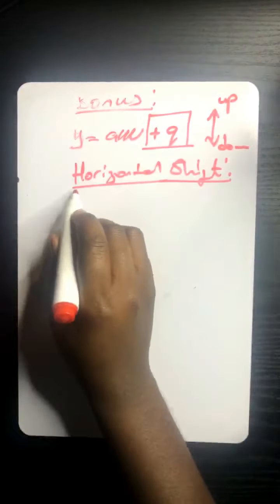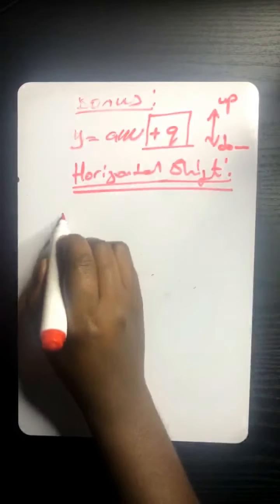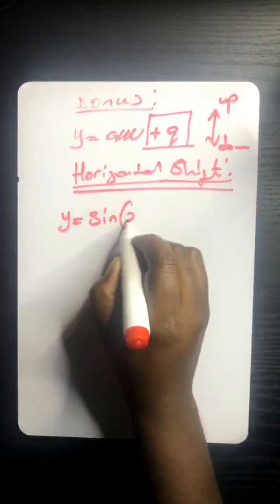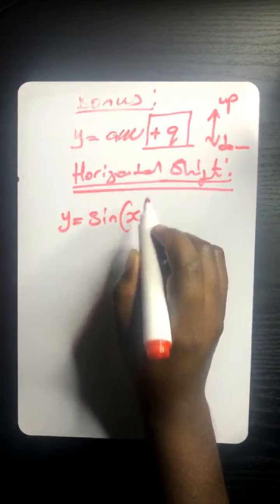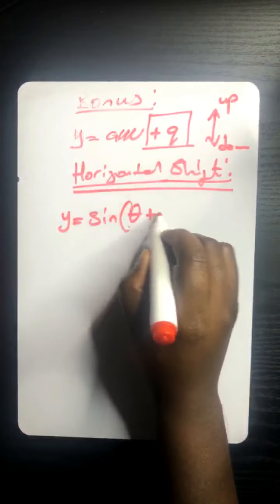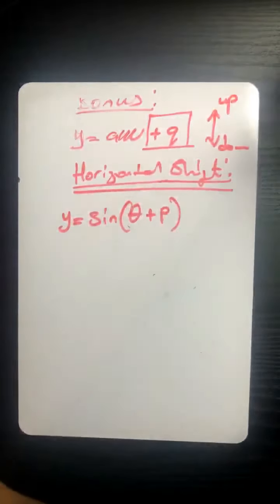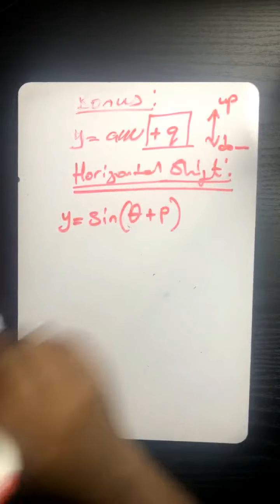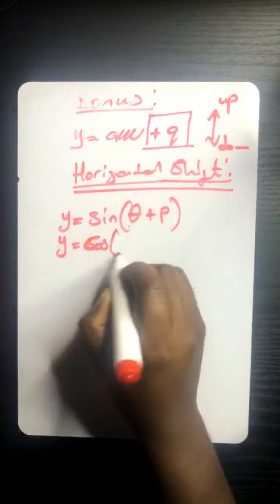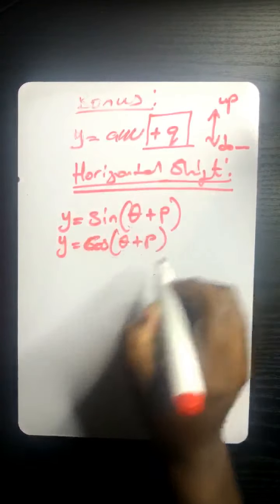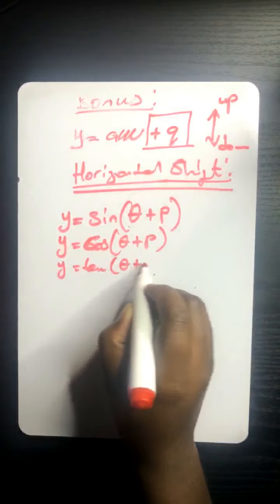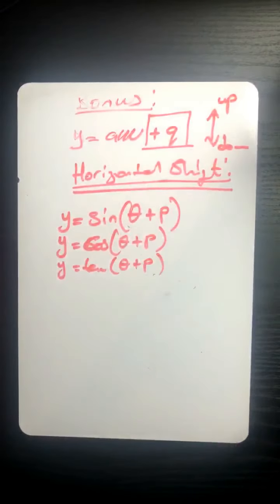So the horizontal shift is when, for example, you have y equals to, let's say for sine, your angle there. Let me use angle theta so that it makes perfect sense. It's theta, and then you end up having a value there. So for cos, you're going to have cos of angle plus p. Otherwise, for tan, you are going to have something similar.